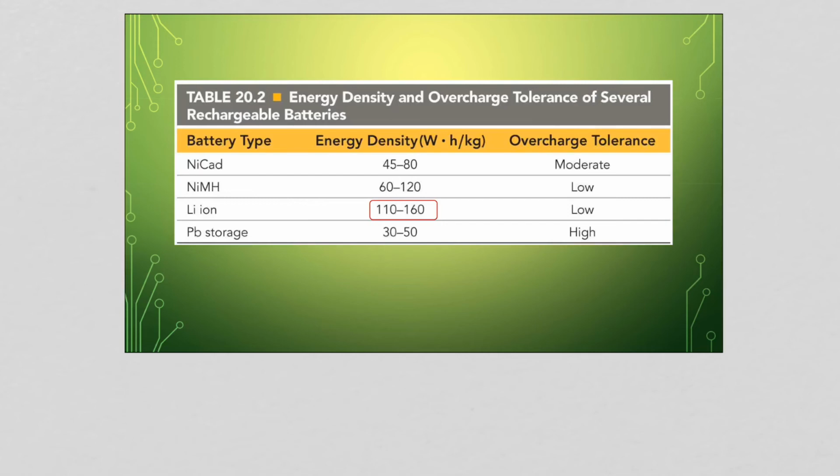I mentioned that the NiCad battery had a finicky recharge, right? You had to be really careful on the recharge. This is the overcharge tolerance, right? You don't want to charge it past maximum, right? So we have mechanisms to shut these down, but this is sort of intolerant of that, whereas these are very tolerant, right?